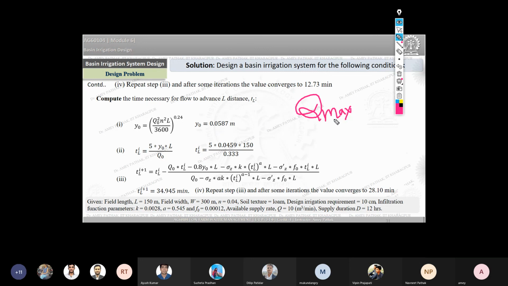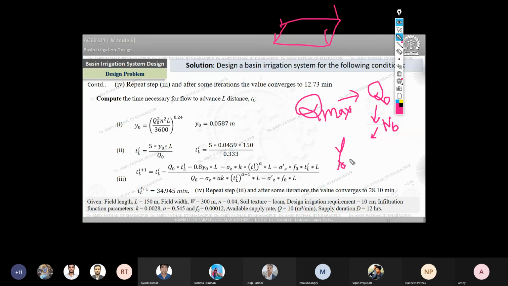Based on that, we have to decide the value of Q naught. Once Q naught is decided, for a specific Q naught, the number of sets, the number of basins, can be decided. Now for this number of basins, in one basin, what should be Y naught? Y naught means depth of ponding.